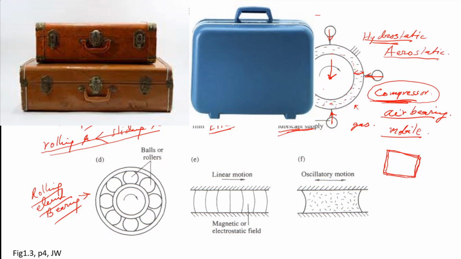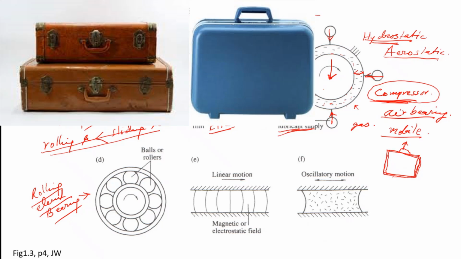Imagine, even on a platform, forget about the roads, you have to carry the luggage physically. Either there is a handle and you have to carry the suitcase, and if it is very big, it will be very heavy.